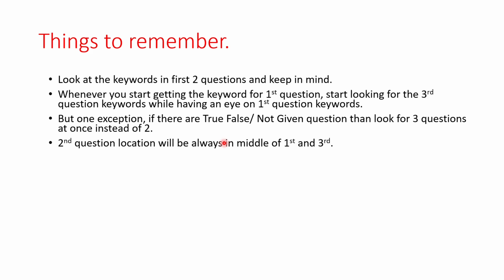In that case, there is a very strong possibility that there must be some words whose meaning you are not sure about, since, as I mentioned earlier, IELTS students mostly don't know the meaning of some words in the paragraph. So you have to be very careful about these kinds of keywords when you are not getting the location of any question.